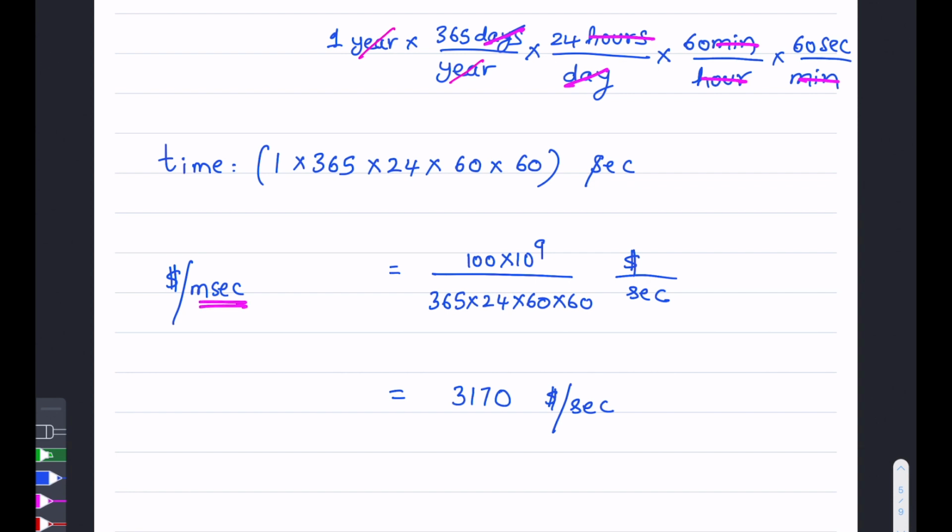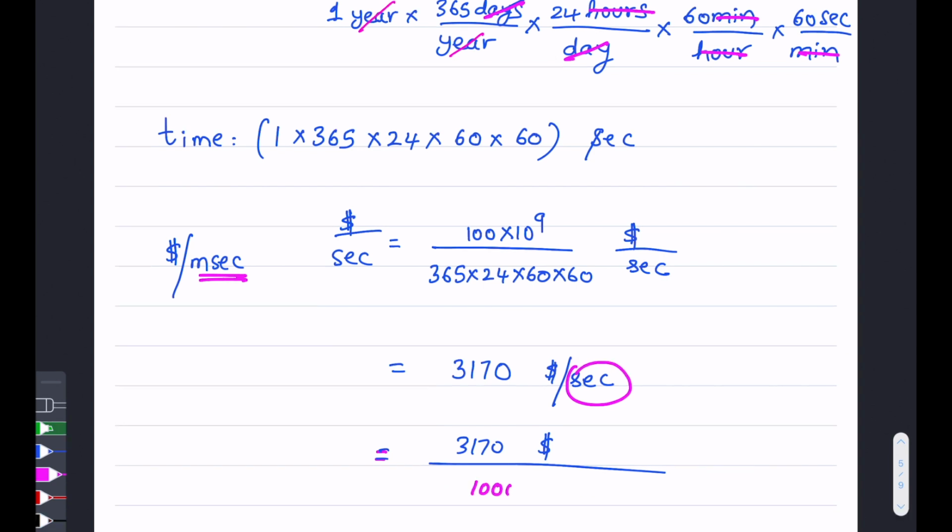But we are expecting the answer in dollars per millisecond. This is dollars per second. So simply, the 3170 in the numerator stays the same because it's still in dollars. In the denominator, I know 1 second I can write as 1000 milliseconds. Therefore, we have a solution that is $3.17 per millisecond.